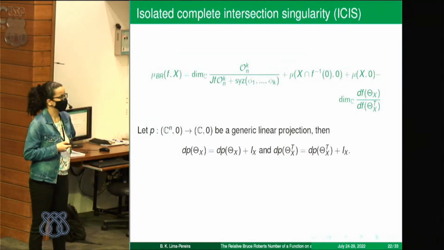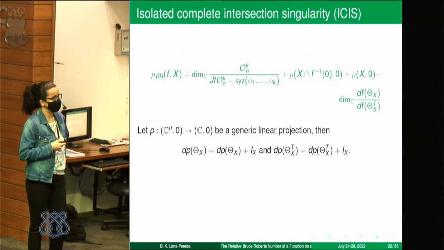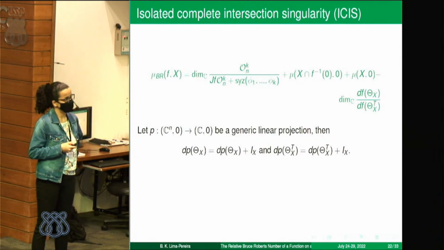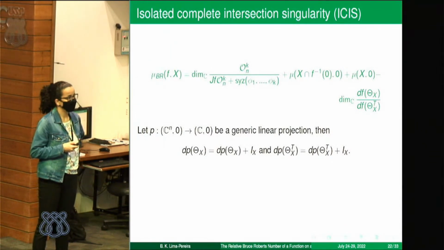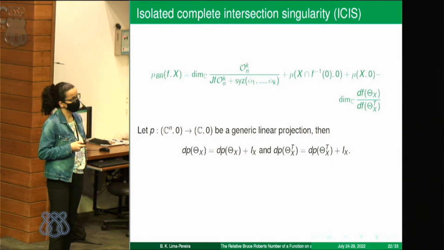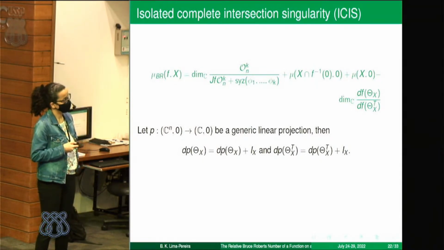Well, a remark: if we consider p a generic linear projection, we have these equalities, okay? dp theta X is equal to this sum, and dp theta Xt is equal to this sum, because this ideal is a subset of this ideal, okay? And the same happens here.